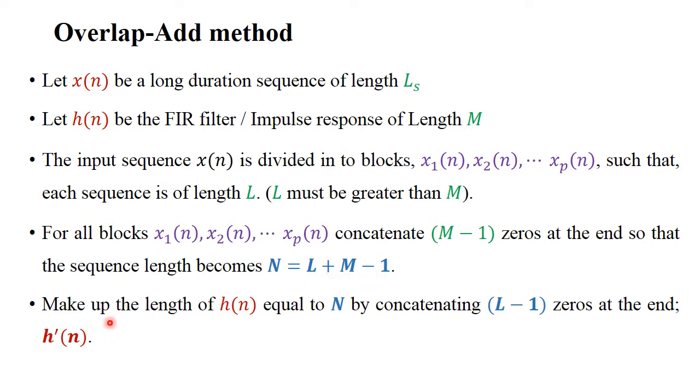Then make the length of h of n equal to N by concatenating L minus 1 zeros at the end. After concatenation, we call the sequence h of n as h dash of n. You just need to remember this procedure, and we are going to repeat these steps while solving the problem.